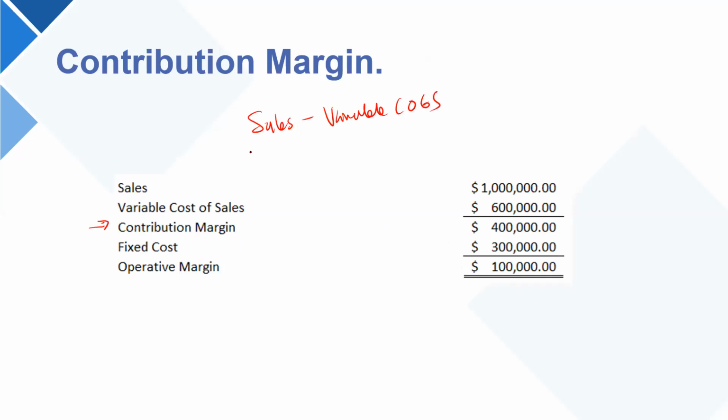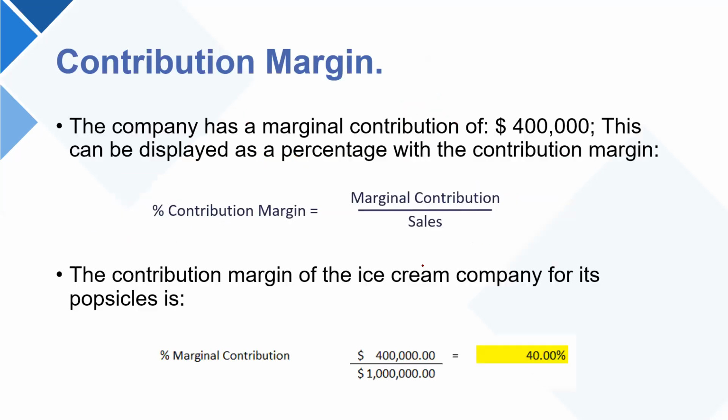So it will be 1 million minus 600,000. That is 400,000, okay. That's my contribution margin. Great, really simple analysis, only to see if the variable part of the business generates money.